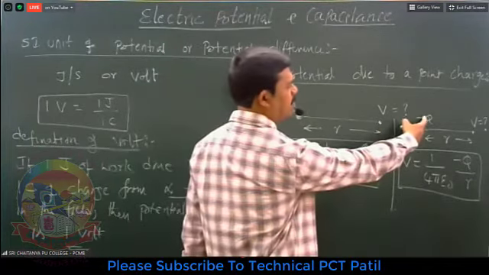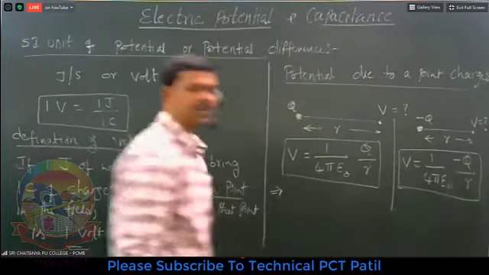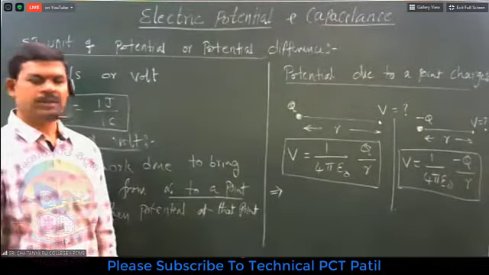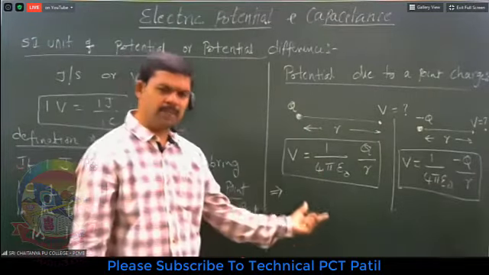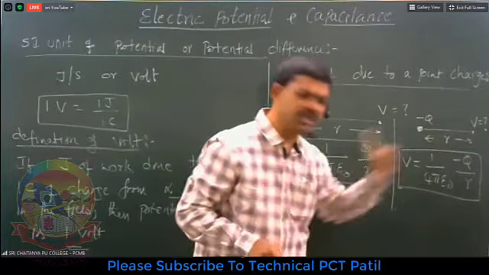If the charge is negative, at this point the potential is also negative. Positive charge gives positive potential, negative charge gives negative potential.